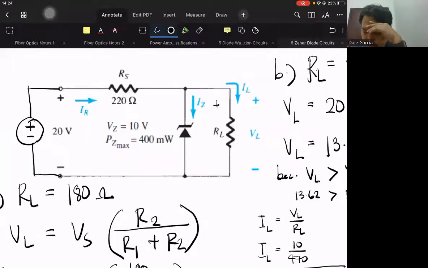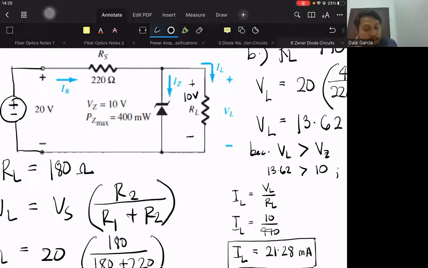How much now is the voltage across the source resistor? 10 also, sir. Very good. So it's also 10 volts.